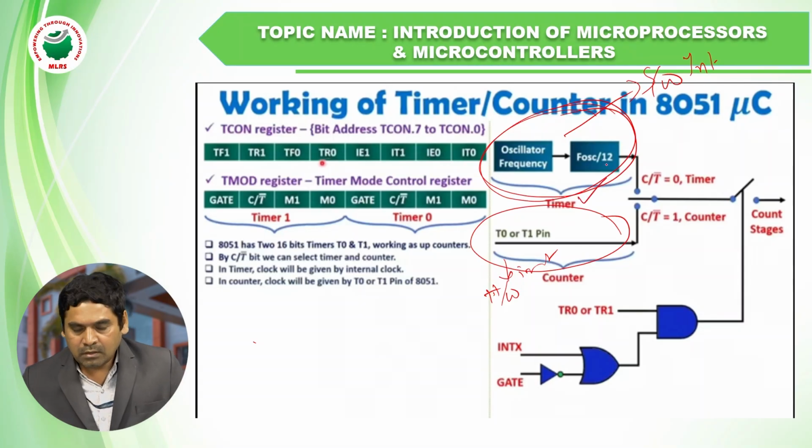The timer-related flags TF0 and TF1, and TI or RI, are software interrupts.